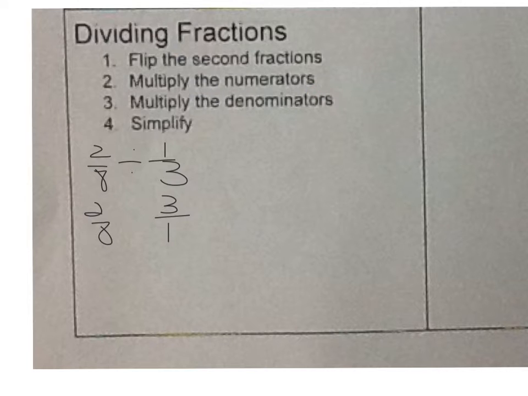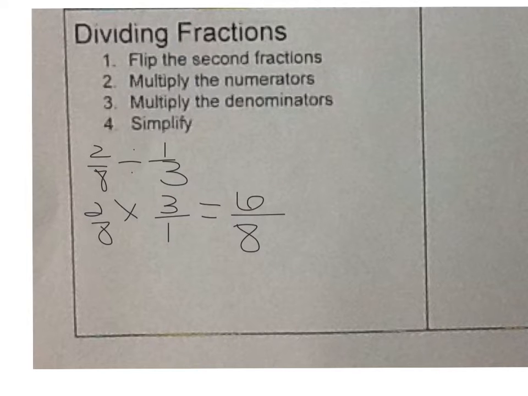So I'm going to switch this to multiply. And then I will go ahead and multiply across. So I have 2 times 3, which equals 6, and 8 times 1 equals 8, okay? And now I'm left with 6/8.